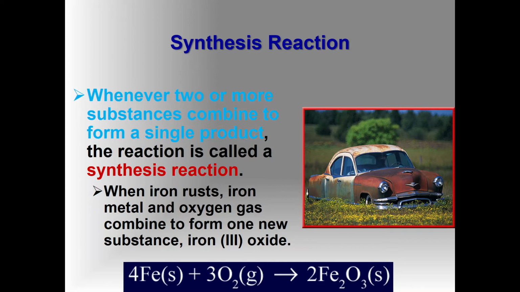It's more accurately defined as a synthesis reaction, but rusting is actually combustion. If you could trap all the energy given off during a piece of metal rusting and make it happen very quickly, it would be a giant fireball. Rusting is very slow combustion, but it is combustion nonetheless.